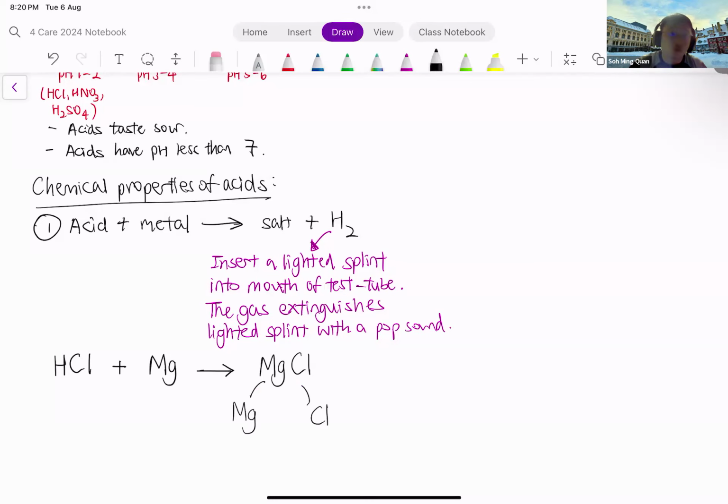Magnesium is from which group? So if you search in the periodic table, magnesium is from group number 2. If magnesium is from group 2, it has 2 valence electrons. It will lose the 2 electrons to form Mg2+. On the other hand, Cl, chlorine, if you look in the periodic table, chlorine is on the other side of the periodic table.